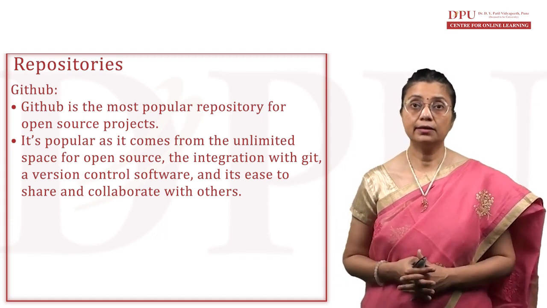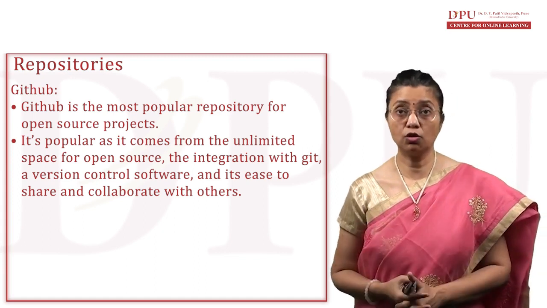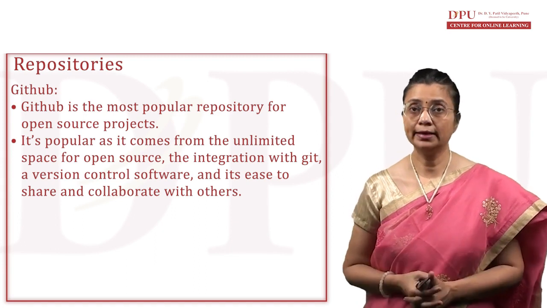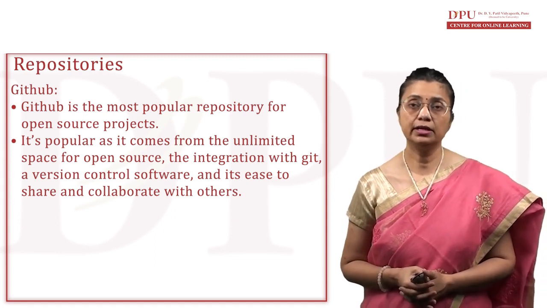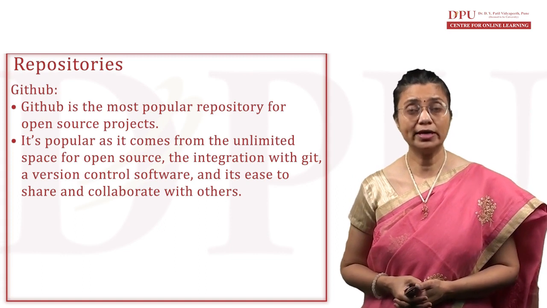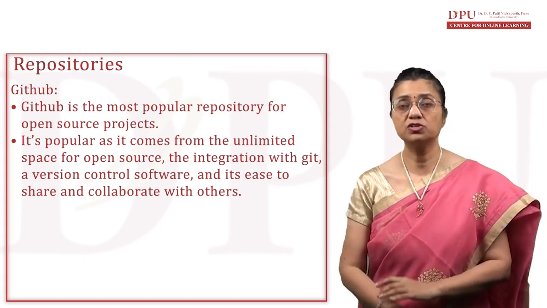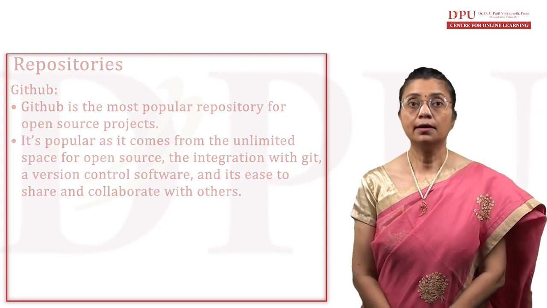So again, GitHub is also an open source repository where I can publish my packages. But again, the screening process is quite difficult and tough, and only if I meet their quality can I publish my packages into their repositories.